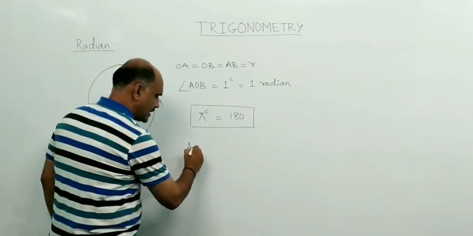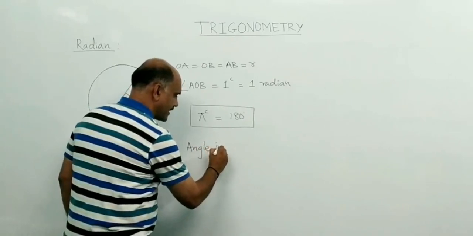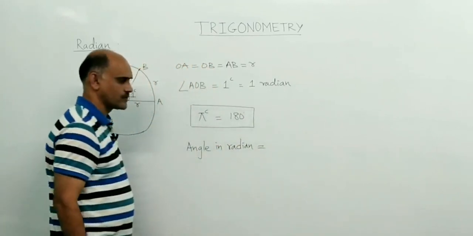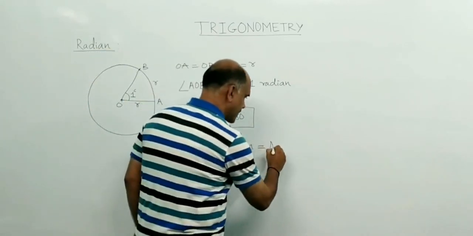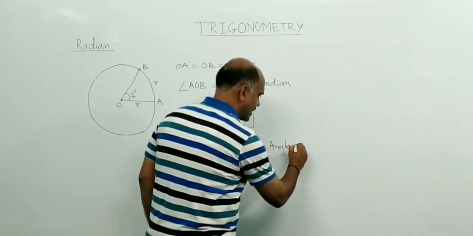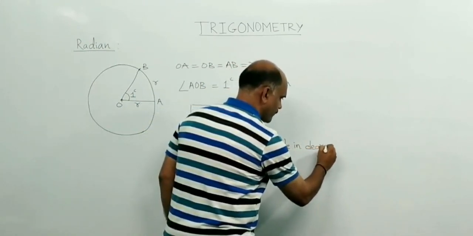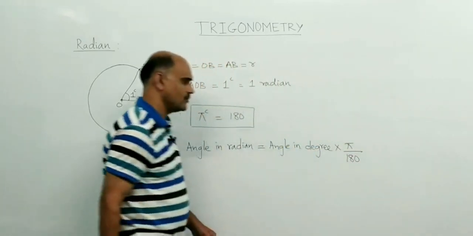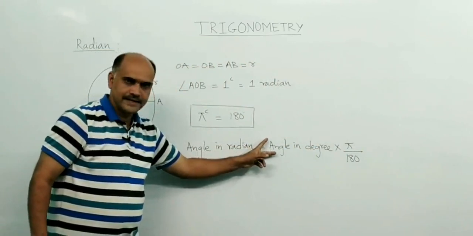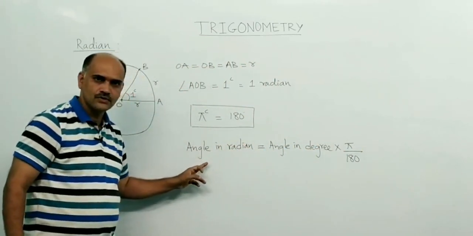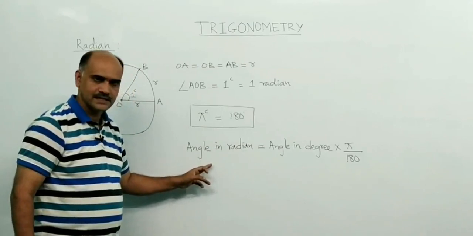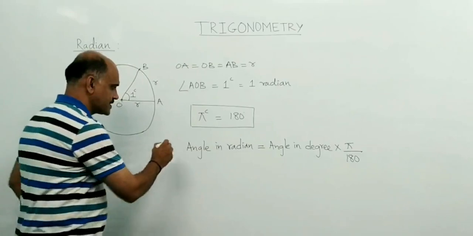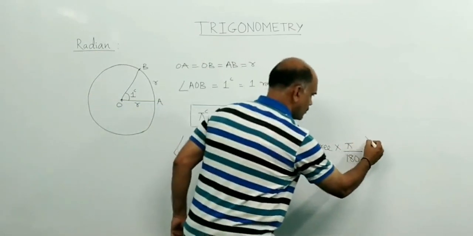So angle in radian is equal to angle in degree into pi by 180. For 1 mark you will be asked this. So this is the second formula which you are required to remember.